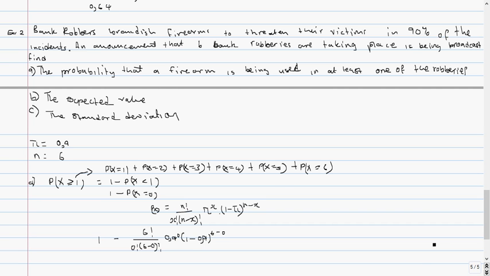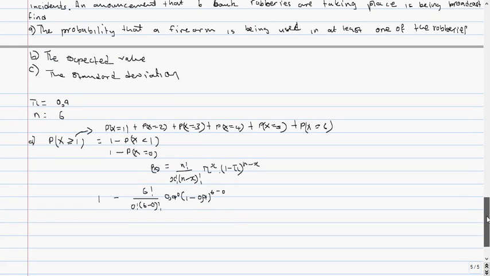So this is 1 minus 720 over 0 factorial, which is 1, multiplied by 6 minus 0, that's 6 factorial, which is 720, times 0.9 to the power 0, that's 1, and then 1 minus 0.9 to the power 6, so that's 0.1 to the power 6.